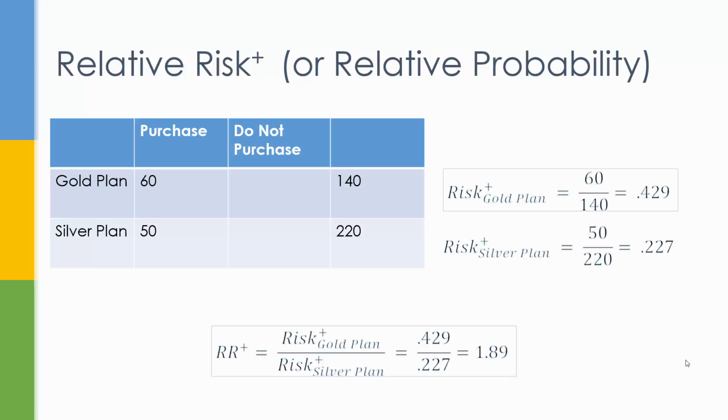And so someone who is in the gold plan, the risk of a positive outcome, or repurchasing a car, is almost 2 times, 1.89 times greater for those who get the gold plan than those who get the silver plan.